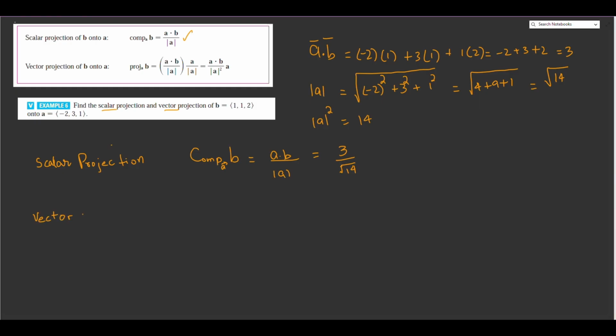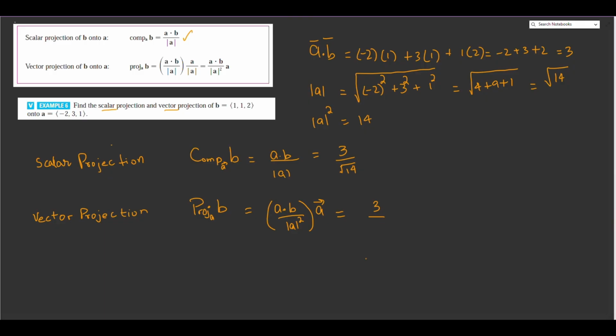And what is the vector projection? The vector projection is denoted by proj. This is the projection of the vector B, and in the subscript you need to write A, which means that we are finding the projection of B in the direction of A. It is given by A dot B divided by the magnitude of A squared, multiplied with the vector A. Now substitute these things.